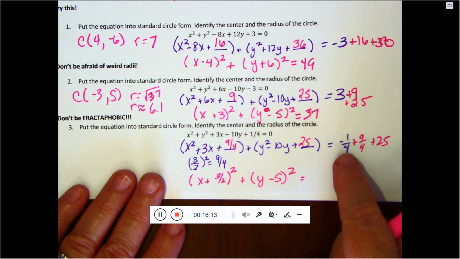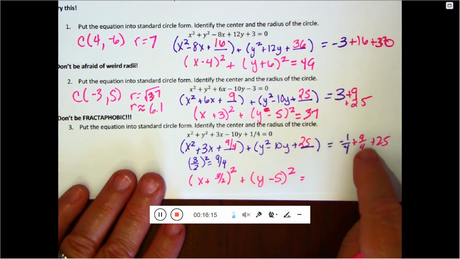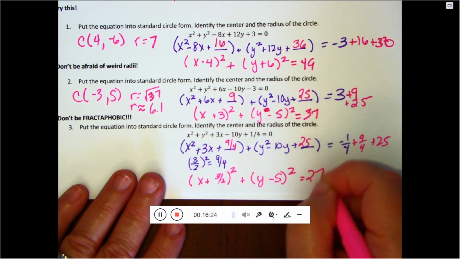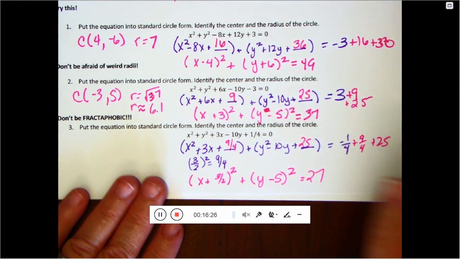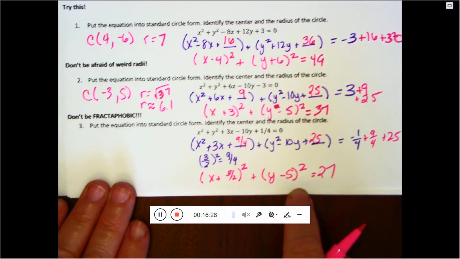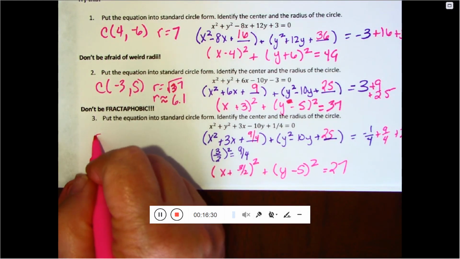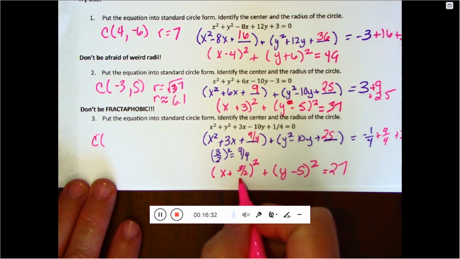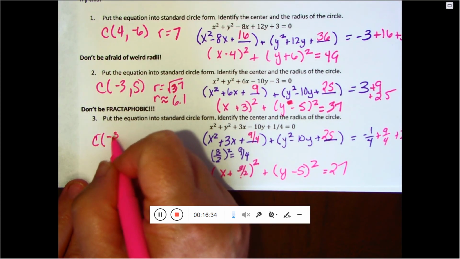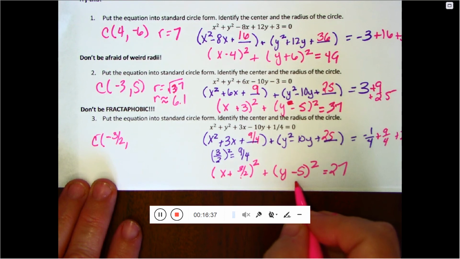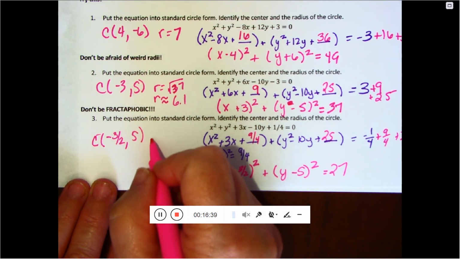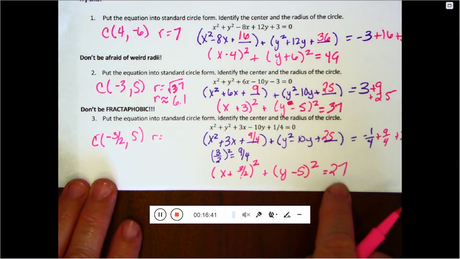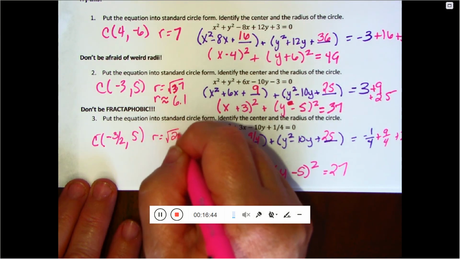So -1/4 plus 9/4 is 8/4, which is 2. 8/4 is 2, plus 25 is 27. Now it's in the standard form of my circle. So the center is opposite of that, -3/2. Opposite of that, 5. And my radius is the square root of that, which is the square root of 27.